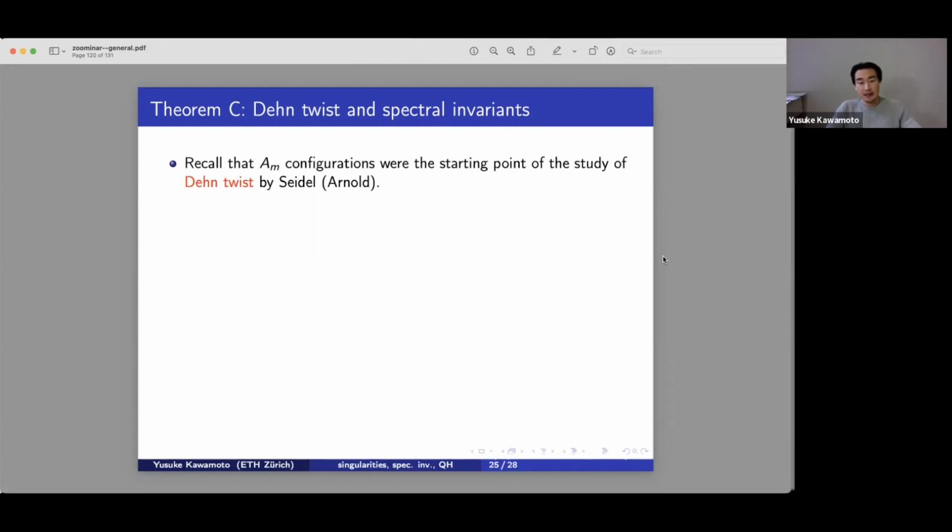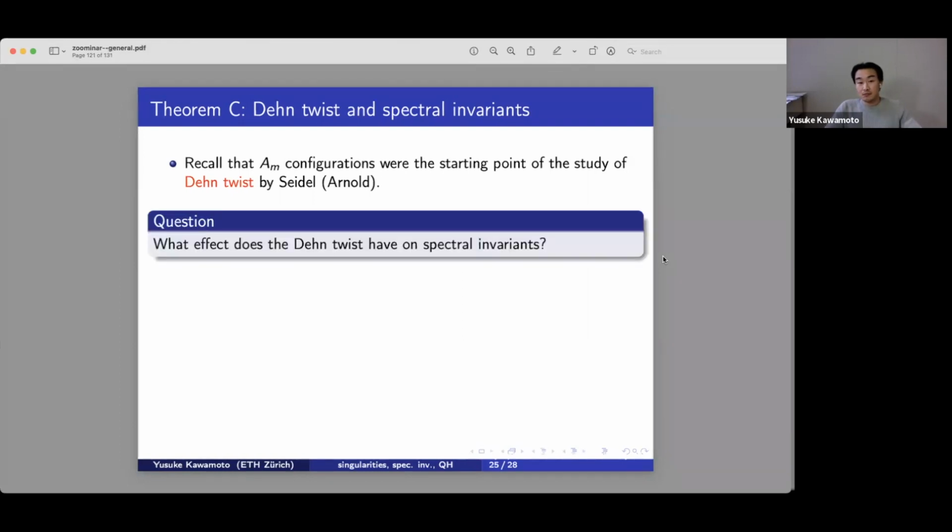Recall that finding A_m configurations was the starting point of Seidel's study to derive many interesting things about the Dehn twist. He always started from finding an A_m configuration. We've been talking about spectral invariants and Lagrangian spheres, and Seidel talks about Dehn twists. So a natural question is, what effect does the Dehn twist have on spectral invariants?